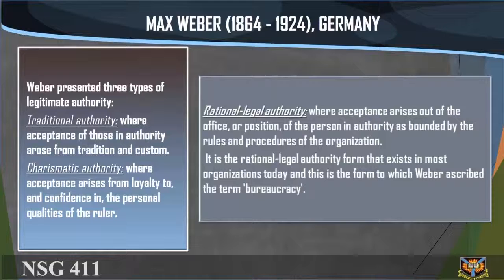Weber presented three types of legitimate authority: traditional authority, where acceptance of those in authority arose from tradition and custom; charismatic authority, where acceptance arises from loyalty to and confidence in the personal qualities of the ruler; rational legal authority, where acceptance arises out of the office or position of the person in authority as bounded by the rules and procedures of the organization.